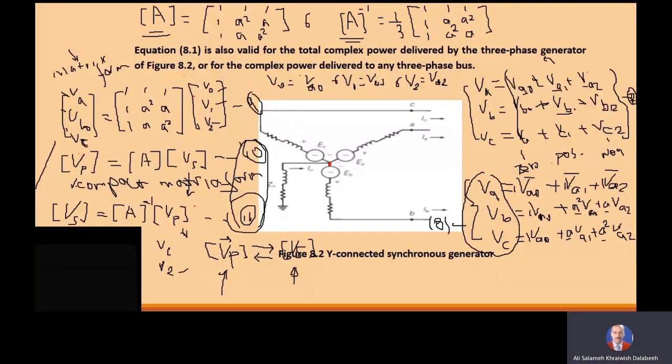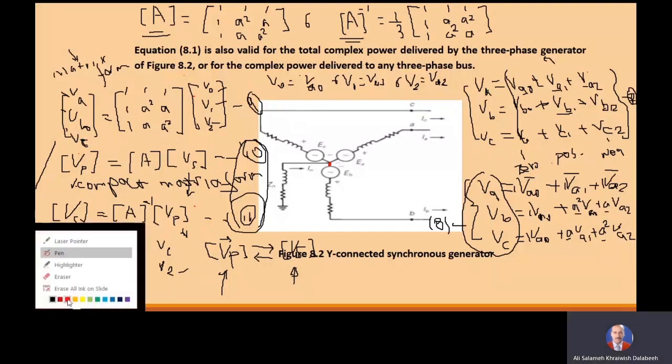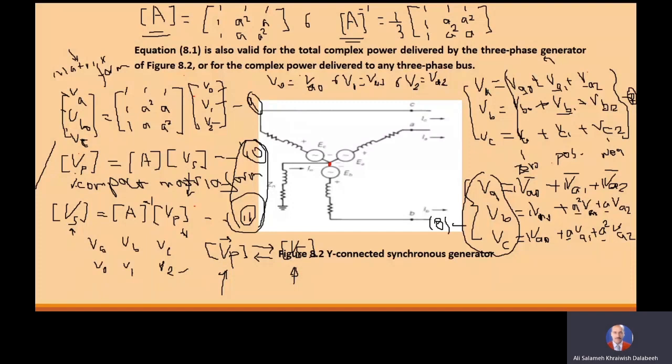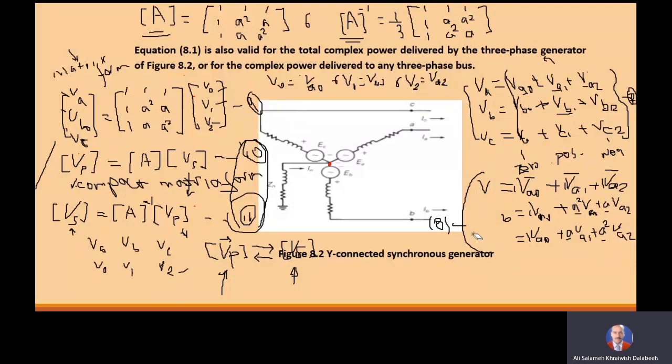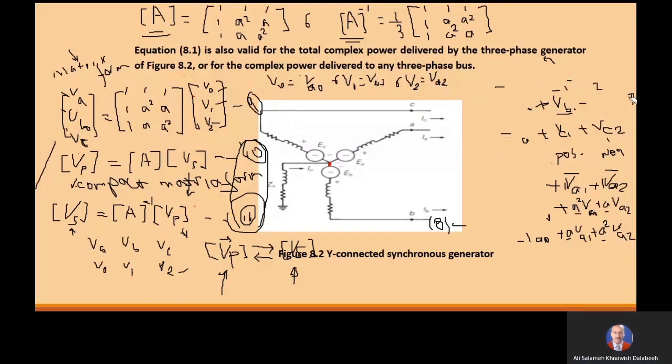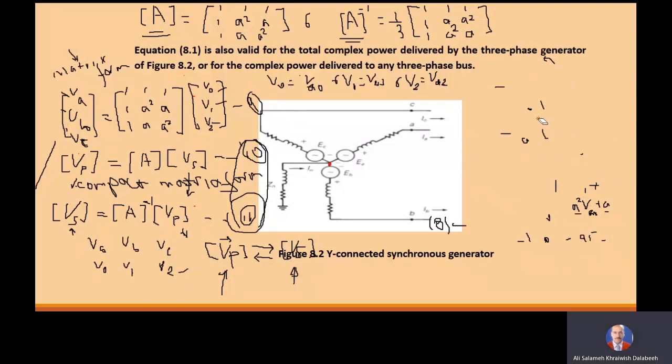The same thing as we write the equations for the voltages, we can also write these equations for currents in the same form. For currents, the system is unsymmetrical, so we have three currents, IA, IB, and IC.